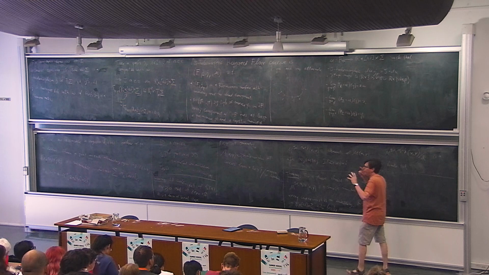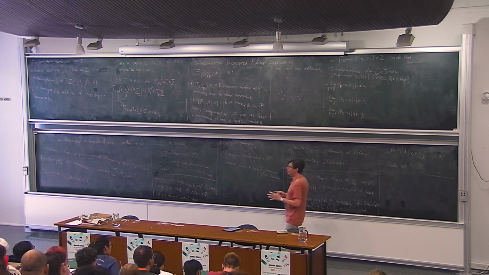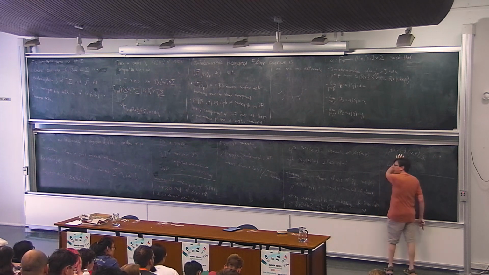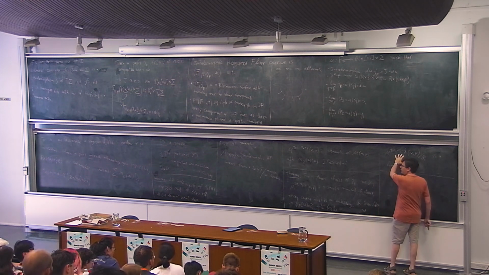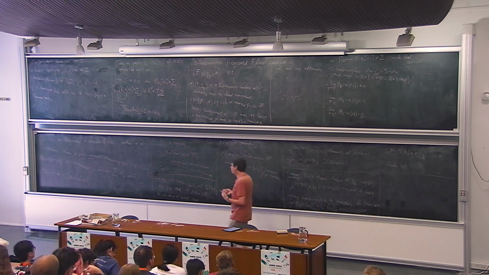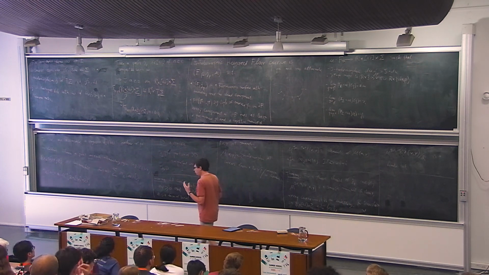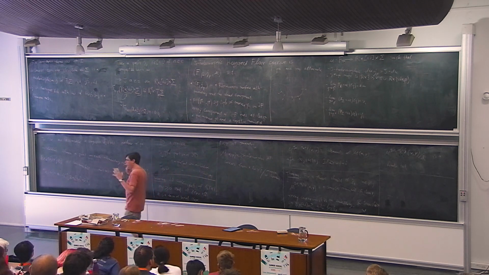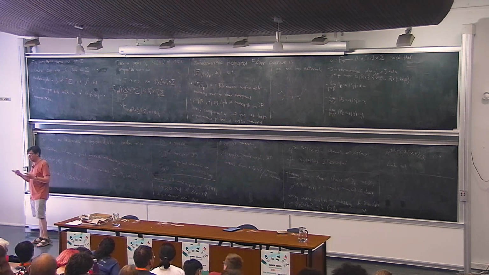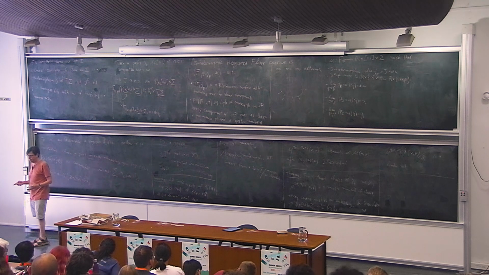But we have chosen at the beginning an area form. Where do we use it? We use it to show that this is compact. The reason is that having J adapted to an area form implies that the L2 norm of the gradient of u is equal to the integral of omega on u.